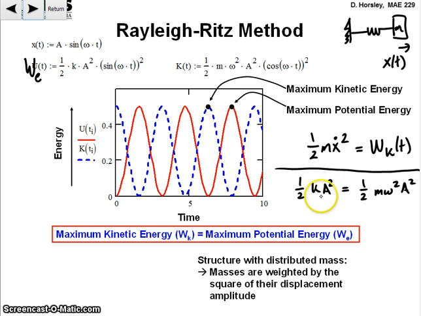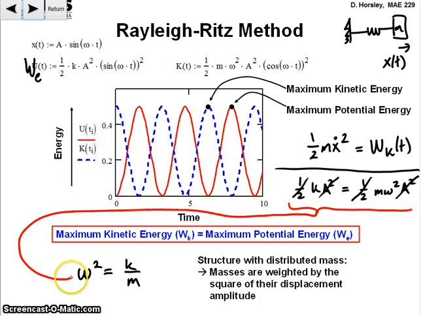It appears squared, so this goes away, and this factor of 1/2 goes away. And what we're left with is the usual familiar formula, which says that omega squared is equal to K over M. So if we equate the maximum kinetic energy to the maximum potential energy, I'll use a red color for this, starting from that equation, we end up getting the usual solution for the natural frequency.